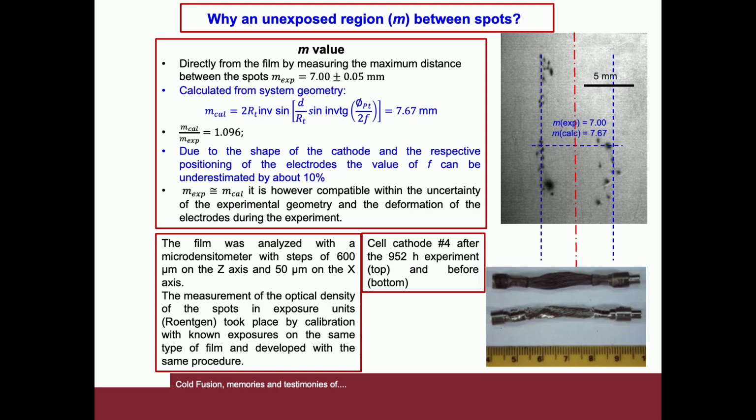The X-ray film was analyzed with a microdensitometer with steps of 600 microns on the z-axis and 50 microns on the x-axis. The measurement of the optical density of the spots in Röntgen exposure units took place by calibration with known exposures of the same type of film, developed with the same procedure.